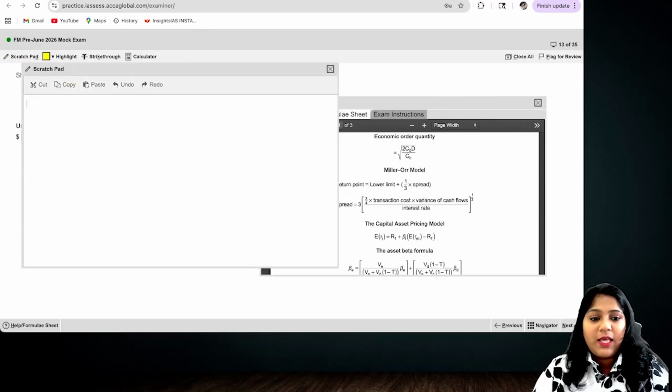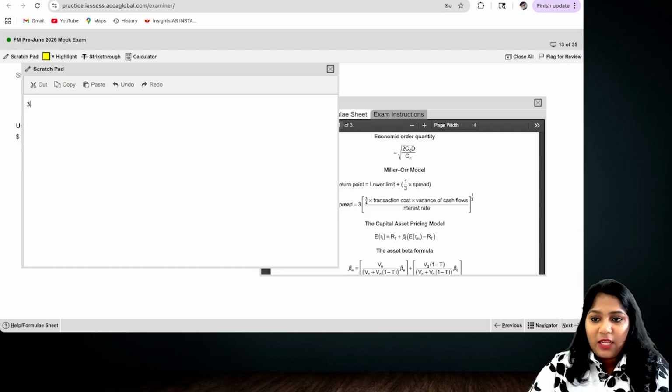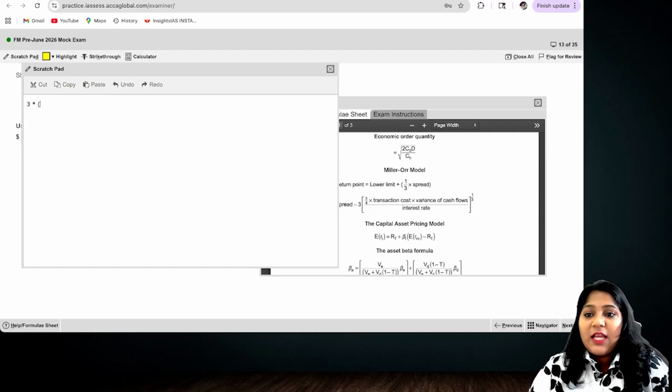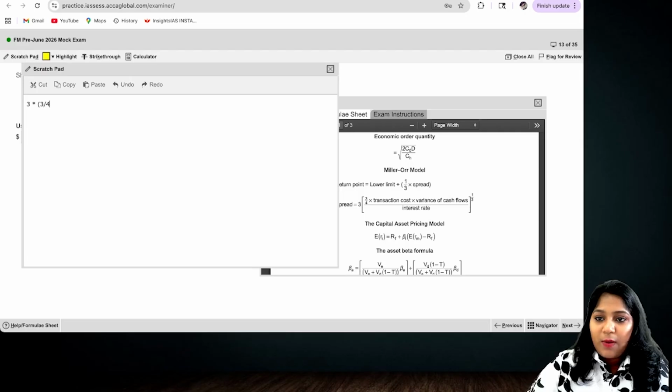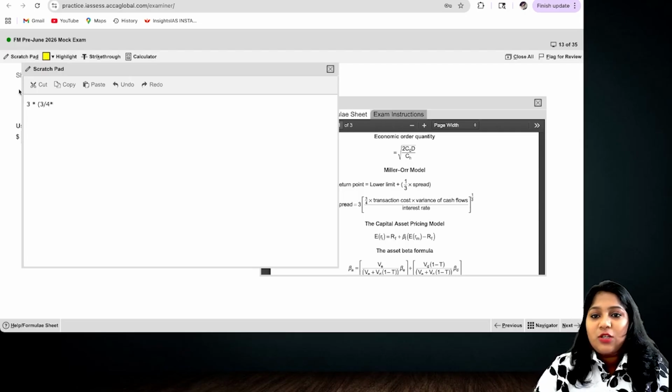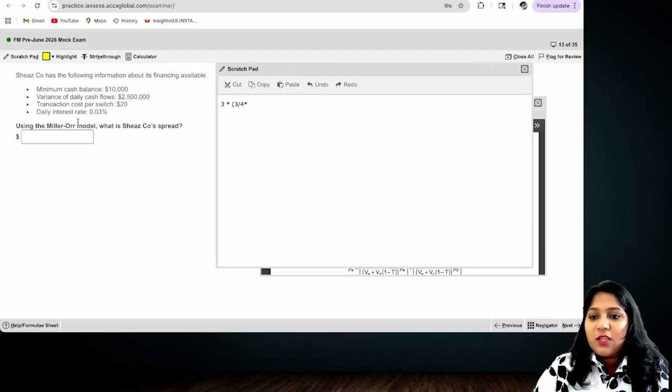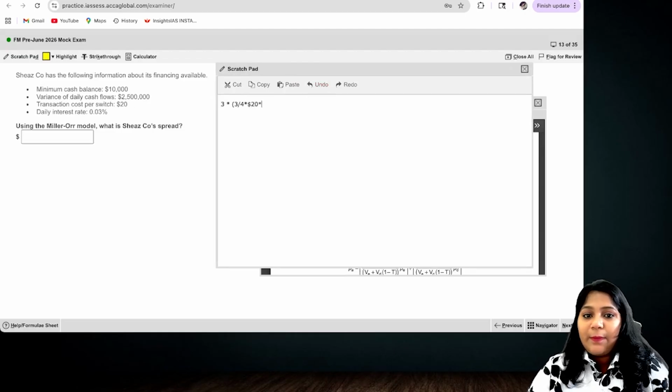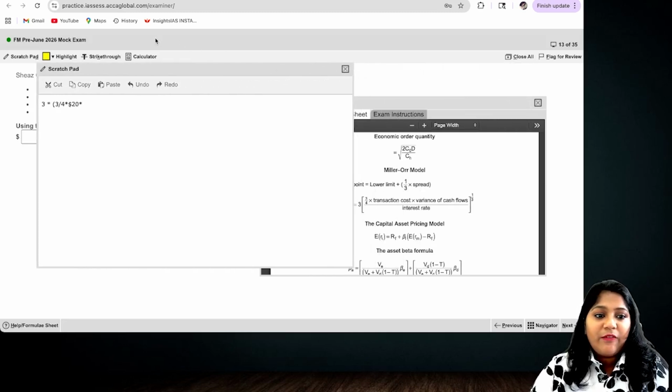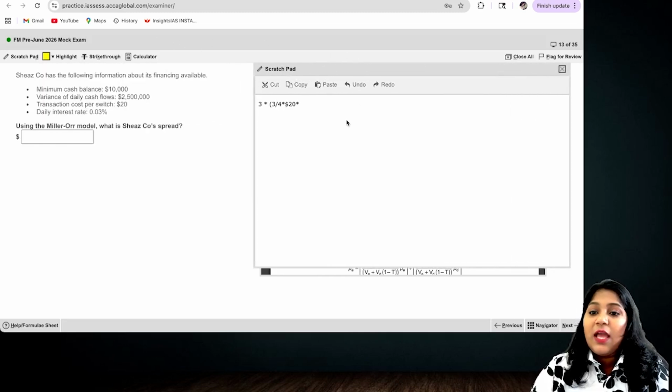What is the formula that I have to consider? I have to take 3 multiplied by 3 by 4 of what? Of transaction cost. Now what is the transaction cost that you can all see? It is $20 multiplied with, what is the next thing that we have? Variance of cash flows, which is also given.